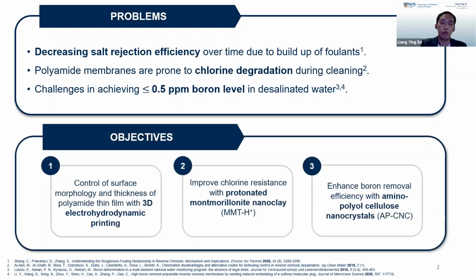Therefore, we seek to control the surface morphology using the electrospray technique to improve the surface roughness, as that translates to the membrane fouling problem. While chlorine resistance and boron removal could be achieved with two novel nanofillers, namely the protonated montmorillonite nanoclay, abbreviated as MMTH+, and aminopolyol cellulose nanocrystal, APCNC.